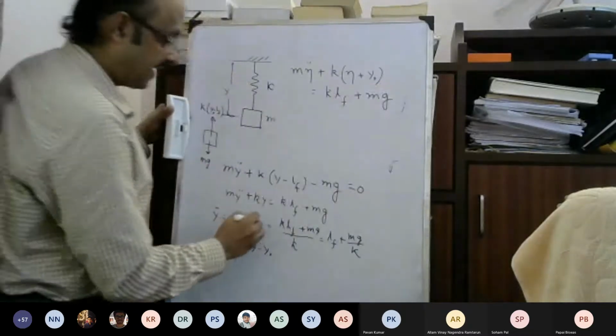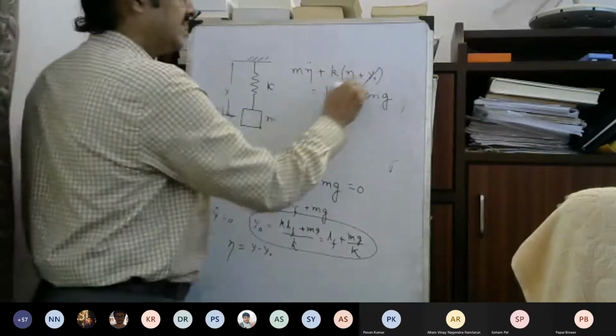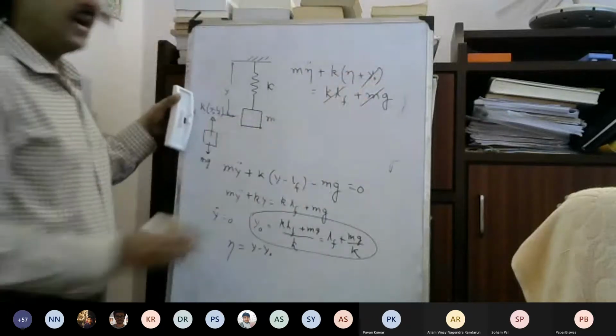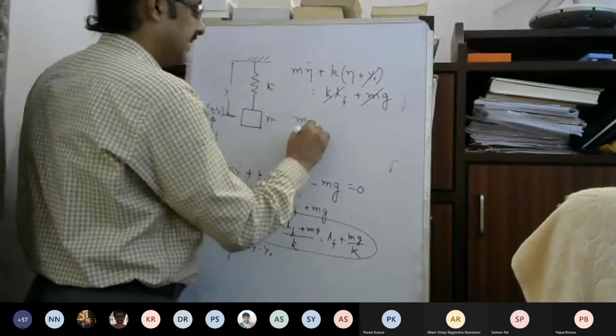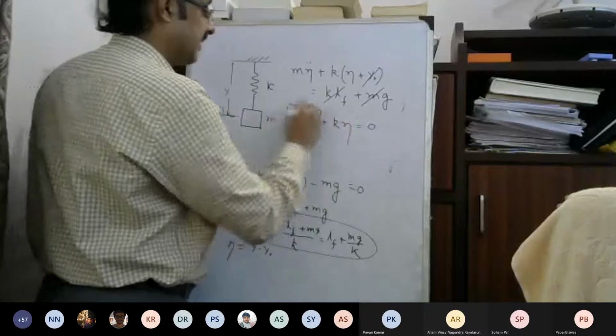Because y naught equal to L_F plus mg by k, these terms will cancel out, and you get the equation of motion m eta double dot plus k eta equal to 0.